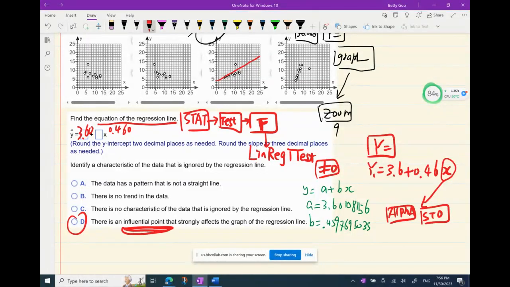Influential is more related to the regression line. If we remove it, we would have one regression line. If we include it, we'll have another regression line. And the two regression lines are very different. If that happens, then the point is the influential point.